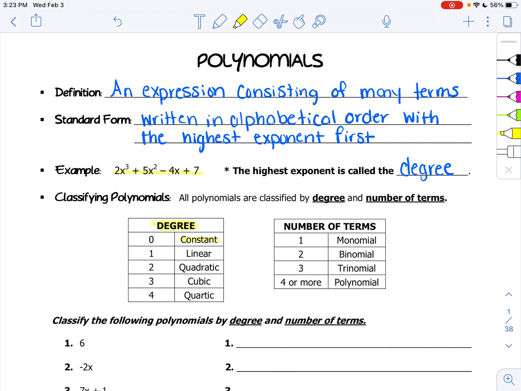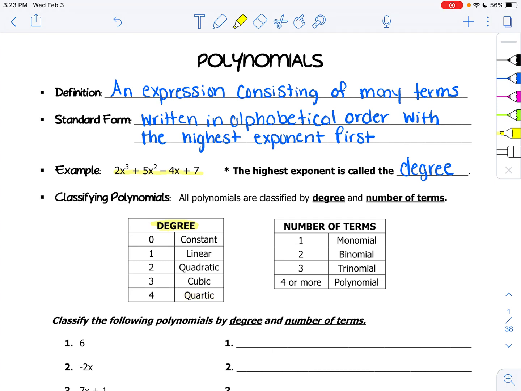You can classify it as linear, so that means your highest exponent is 1. So for example, 4x would be linear. Quadratic, 4x squared would be quadratic. Cubic, your highest exponent is 3. And quartic, your highest exponent is 4.